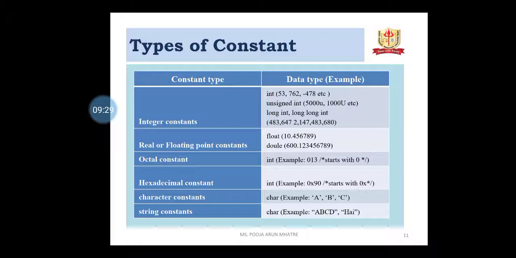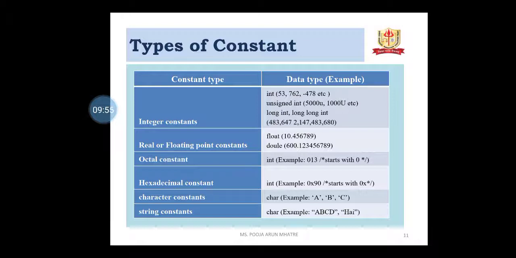Here, the integer constant must have at least one digit. It does not have a decimal point. That means it is a number, a list of digits, but with no decimal point. It can be a positive or negative number. No comma, no backslashes are allowed in an integer constant.